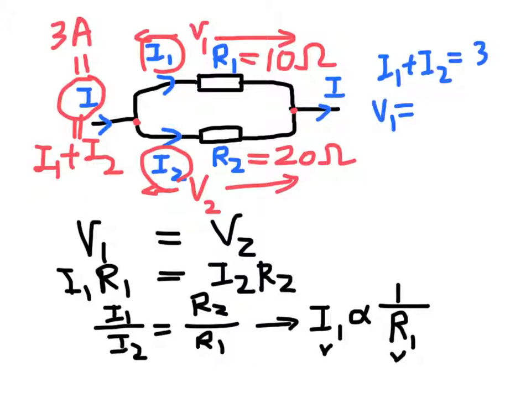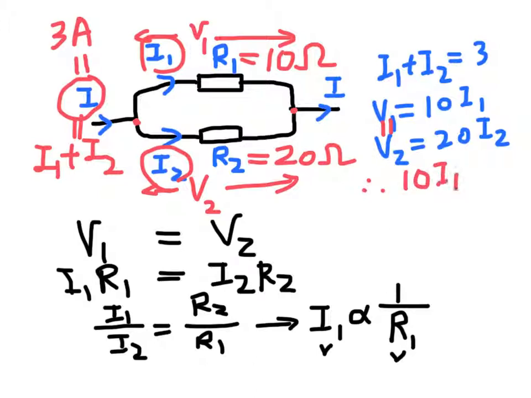V1 equal to 10 times I1, V2 equal to 20 times I2. Because V1 equal to V2, therefore 10 I1 equal to 20 I2.